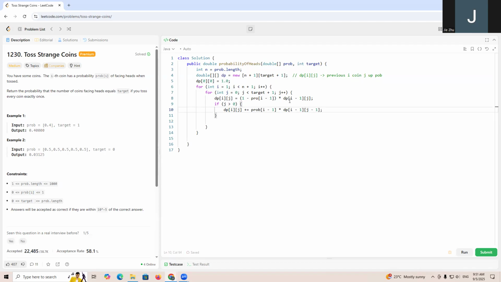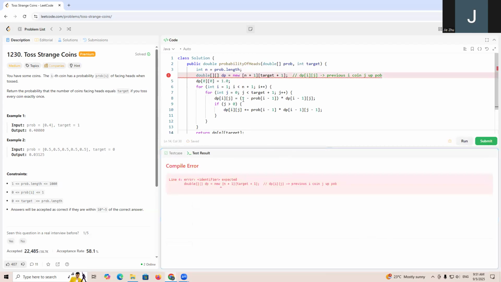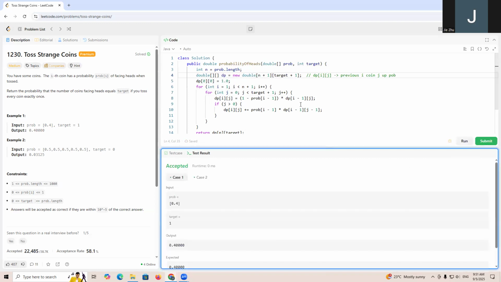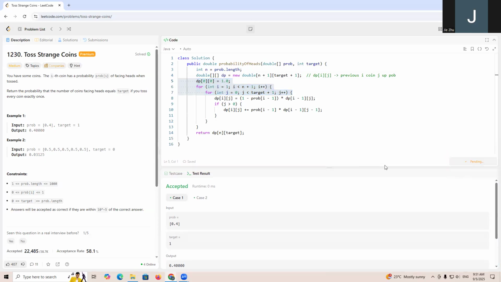In the end, we just return dp[n][target]. It will be O(n times target) time complexity and also O(n times target) space complexity.